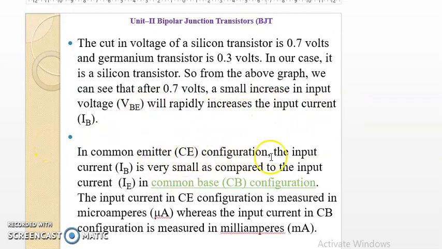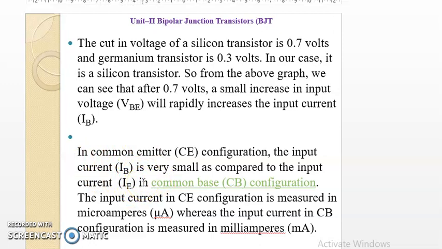In common emitter configuration, the input current IB is very small as compared to the emitter current. And you know, in the last class we have seen that this base current depends upon the doping also. In common emitter configuration, IB is very small as compared to IE.